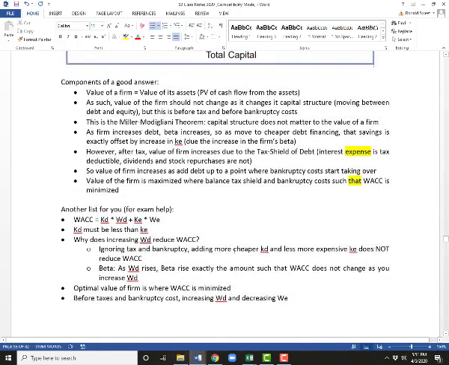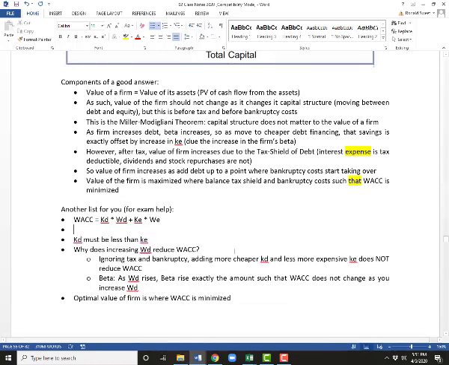One formula you might add in there is, remember KE. We've seen this several times, but it's the risk-free rate. Hopefully you've got this memorized by now. Plus beta times the market risk premium. And beta rises as you increase the weight in debt.